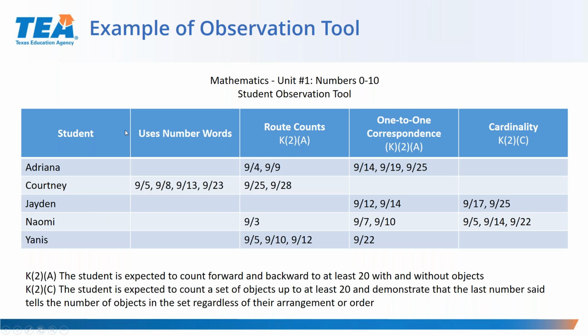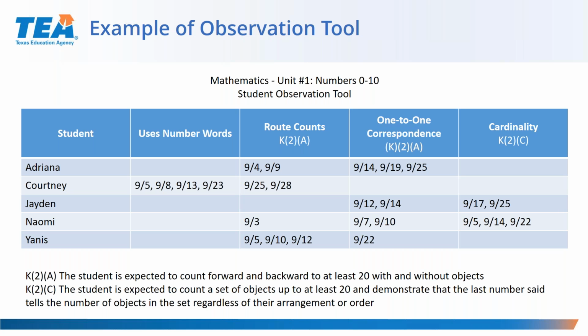And then up at the top, you see the progression of counting. So using number words, which moves into rote counting, which moves into one-to-one correspondence, and eventually to cardinality. You'll also see how we made connections from that developmental progression to the kindergarten mathematics TEKS.